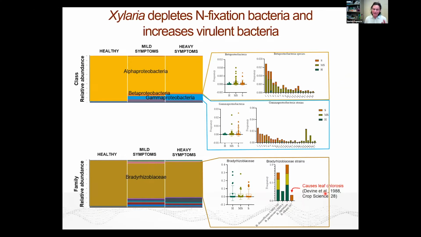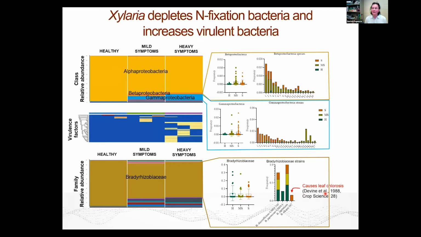So one of the big surprises that we had looking at these communities and comparative analysis so far was that not only Xyleria starts infecting the plants and accumulating in the mild symptoms, heavy symptoms plants, but a lot of other bacteria and fungi with pathogenicity and virulence factors.